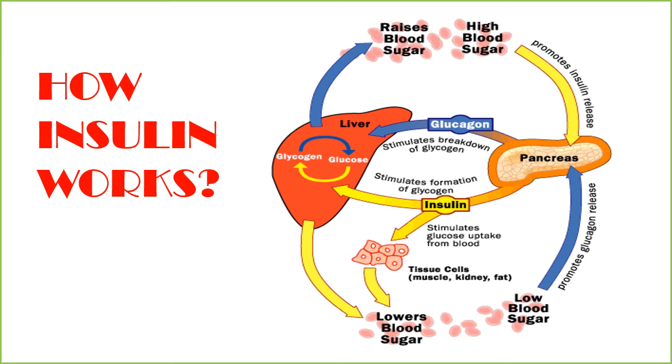This insulin also stimulates the cells of the muscle, kidney and the adipose cell, which causes an increase in the uptake of the glucose from the blood, further lowering the blood sugar level.